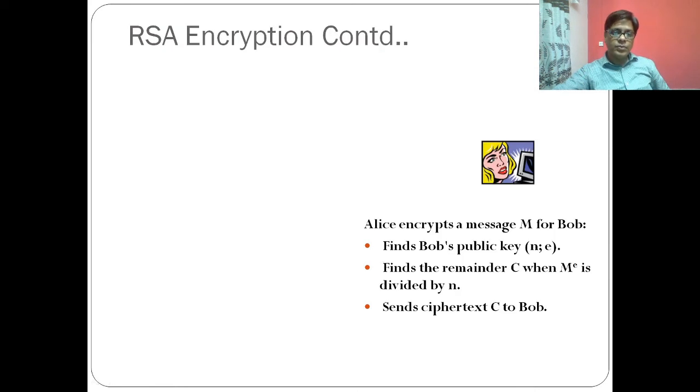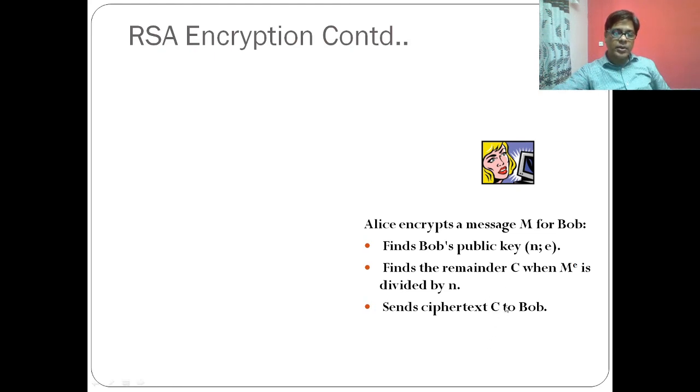Now Alice, who wants to send a message M to Bob, will find Bob's public key, which is N, E. Using this E and the message M, she will compute M to the power E mod N, which is C. Now C is a ciphertext.